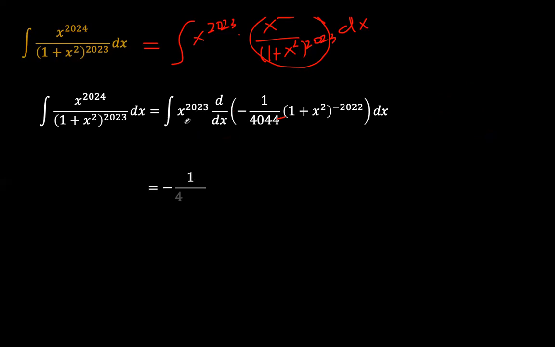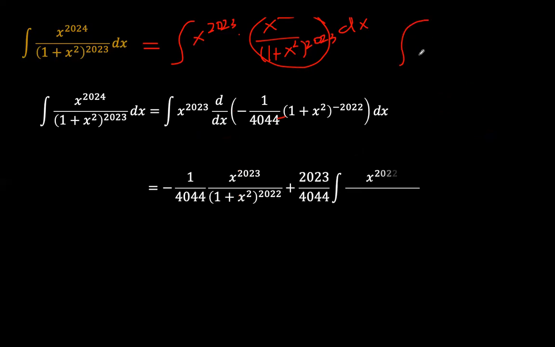So we can use now integration by parts, where the integral of U dV is equal to UV minus the integral of V dU.